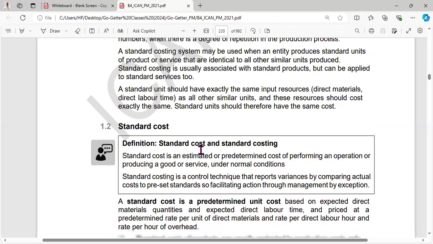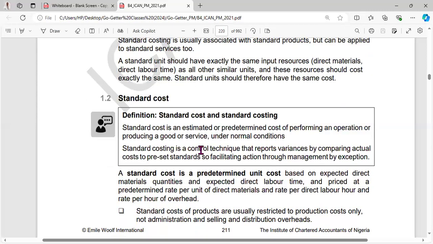Standard cost. This is an estimated or predetermined cost of performing an operation or producing a good or service under a normal circumstance or condition. Now, when we are using standard cost, this is the cost for 1 unit of goods or 1 unit of service.